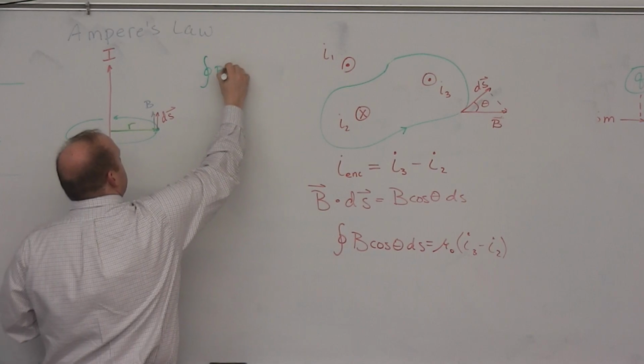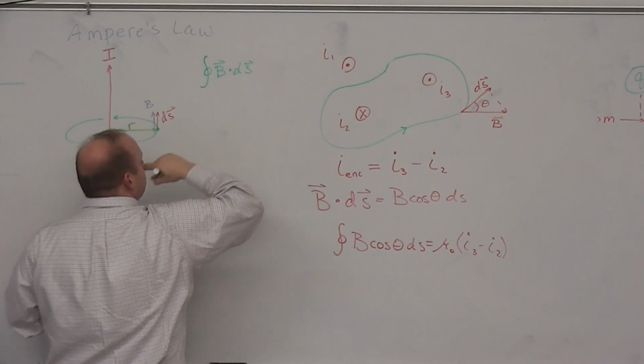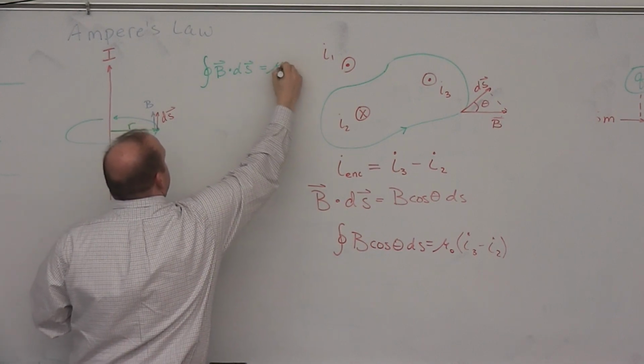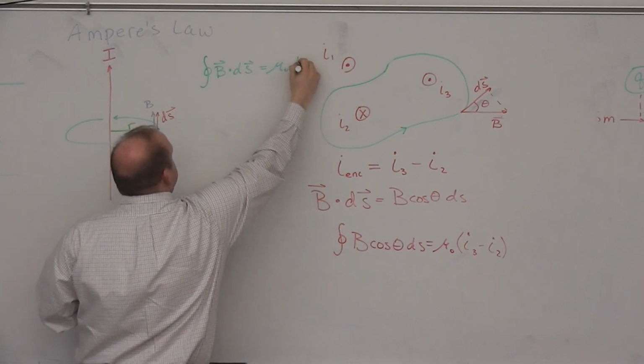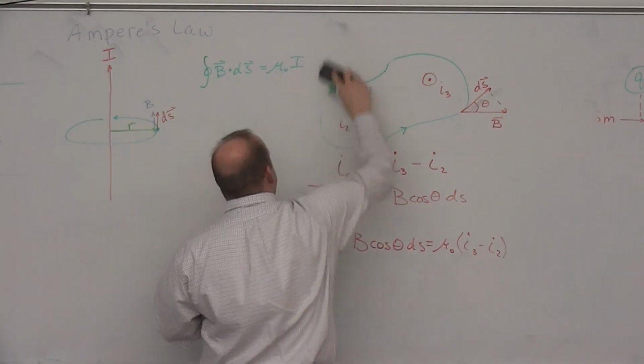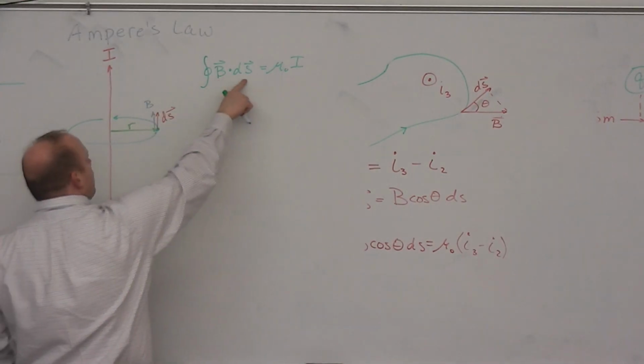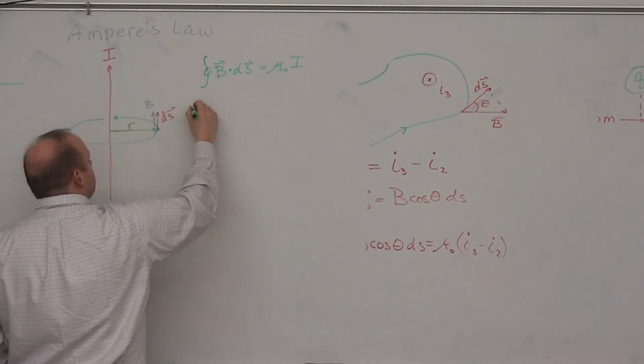This is going to be B dot ds. The dot product gives us 1, equals mu naught times I enclosed, which is just that current I. So now, cosine gives us 1, and B is constant.